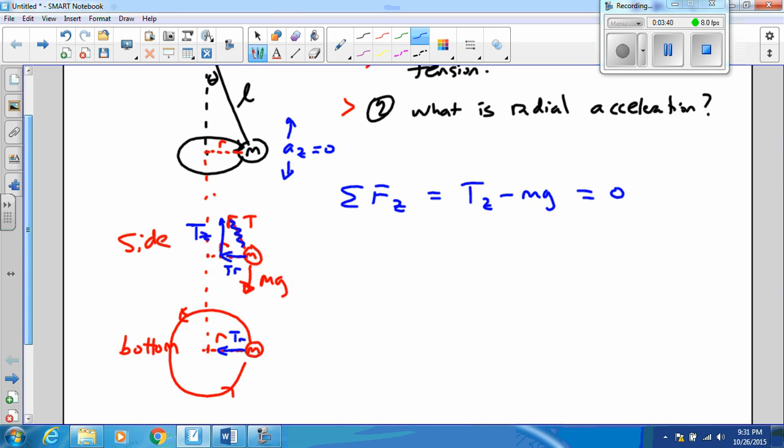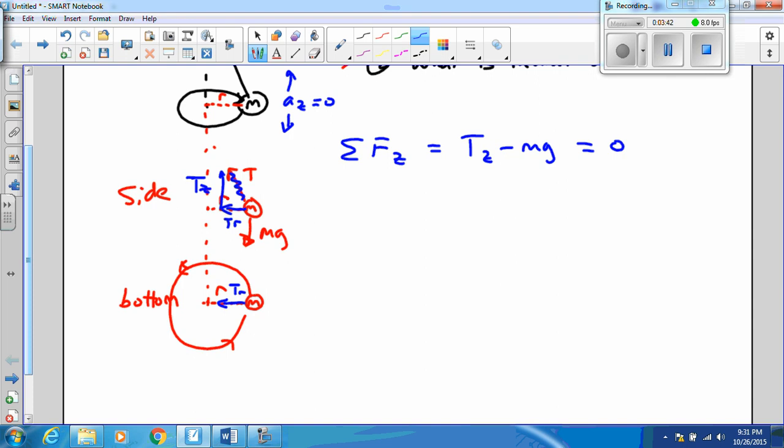The bob is rotating in the plane. And then we're going to have the sum of forces in the radial direction. That gives me only one force, which is TR. Because we are in constant circular motion, that TR must add up to mv squared over the radius.